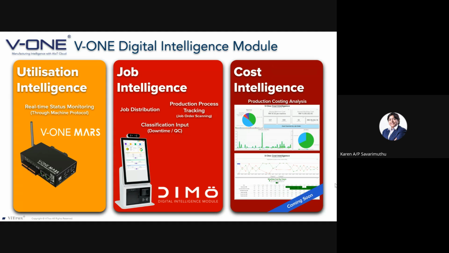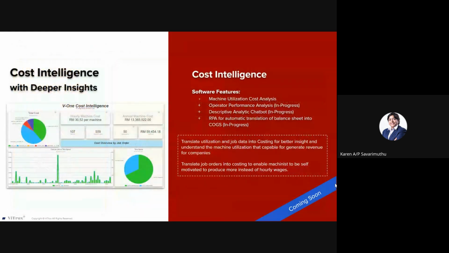All right, so now we are done with the job intelligence. Now we are going towards the cost intelligence. Okay, cost intelligence nowadays is getting a lot of attention, especially in the manufacturing industry. Why? Because we have a lot of financial issues, right? Now you know that we have certain criteria that we need to do cost cuttings. We need to eliminate the raw material price rises and so on, right?